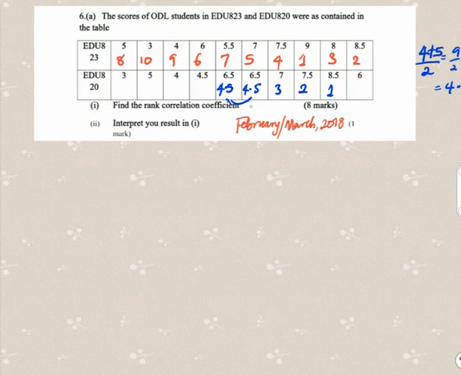If this will take fourth position and this will take fifth position, the next position to think of now will be sixth position. So the sixth position will be given to the next highest, and that will be 6.